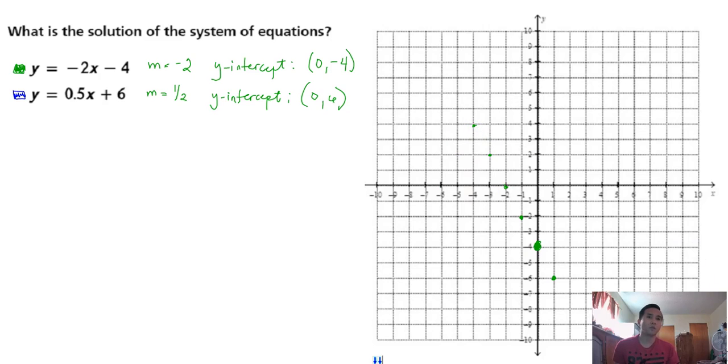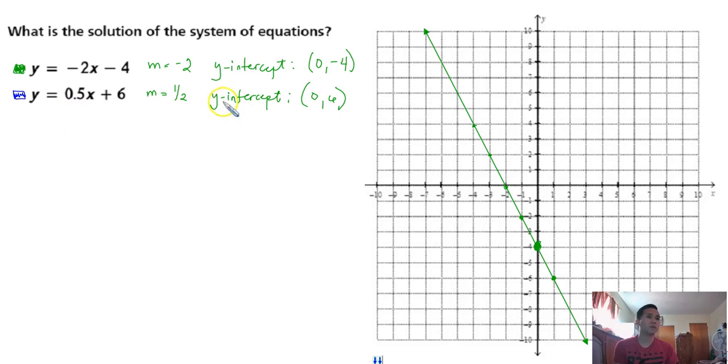Then I'm going to connect those points that I have, using green. I'm making sure that my line is straight. There, perfect.